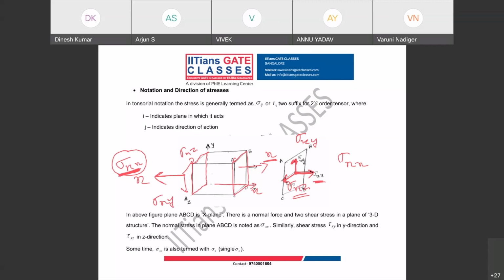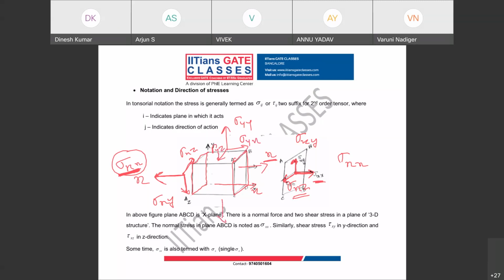Since your normal stress, which is tensile, is going in negative axis direction, my corresponding shear stresses will also be in negative axis direction. Okay, same way I can write on this, it will be sigma yy, then sigma yx, then sigma yz.